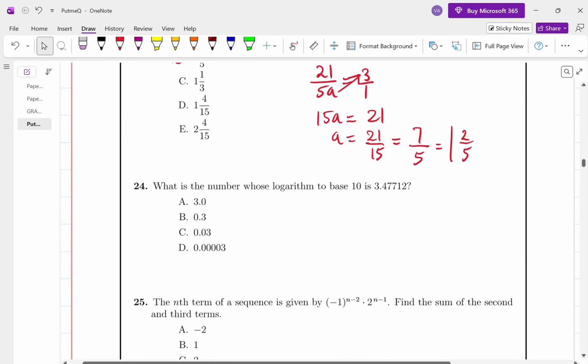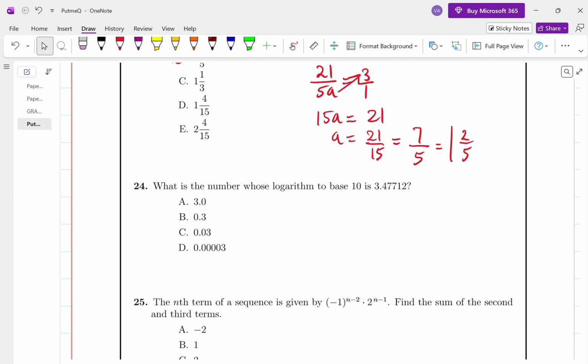Next one, question 24. What is the number whose logarithm to base 10 is 3.47712? Now for a start, the option here is wrong.